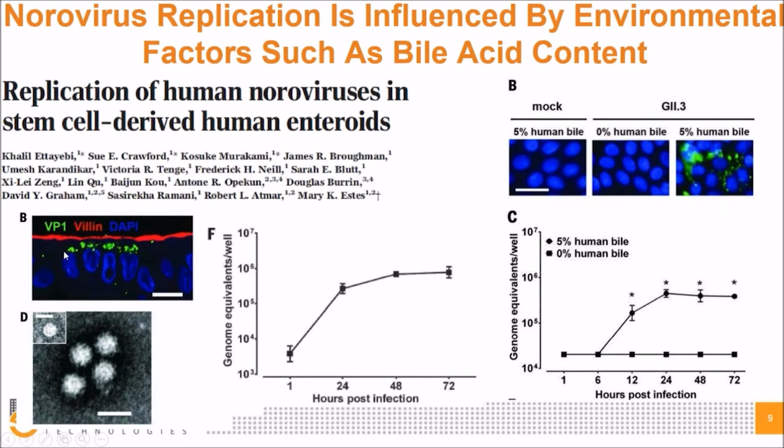As they show here, the virus nicely infects the epithelium and replicates in vitro. But very importantly, they could observe how bile acid content in the medium is influencing different genetic strains of this virus. These are observations that could never have been made before.